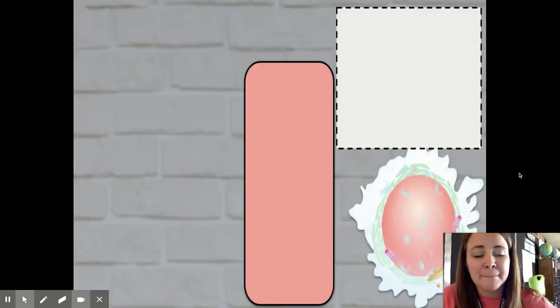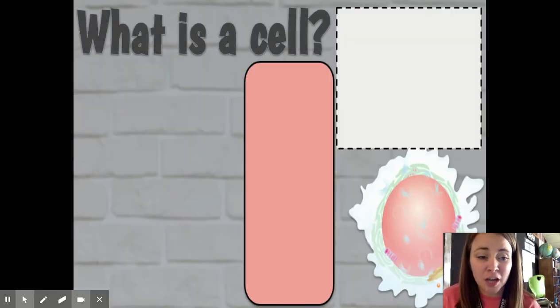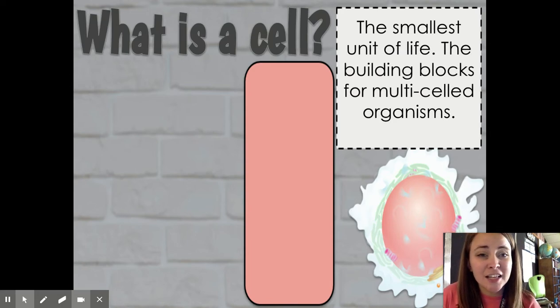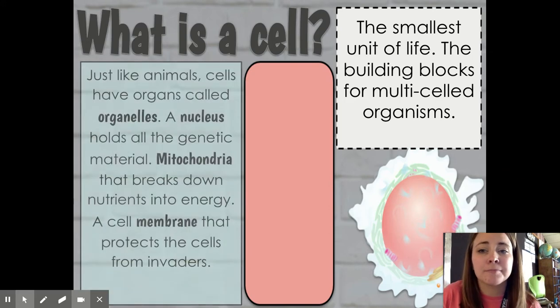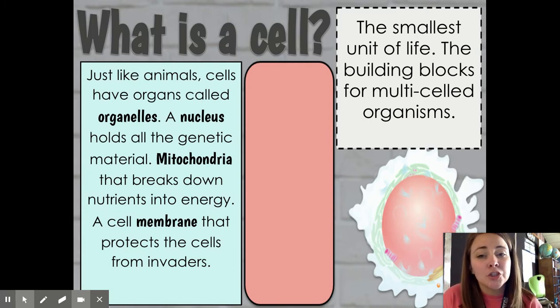All right. So, first up, what is a cell? A cell is the smallest unit of life, the building blocks for multicelled organisms. Just like animals, cells have organs called organelles.